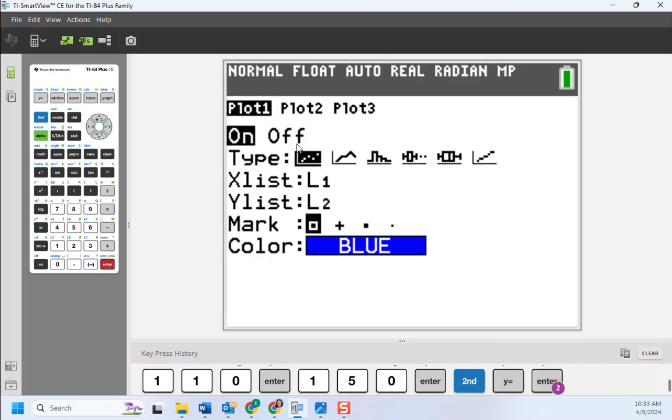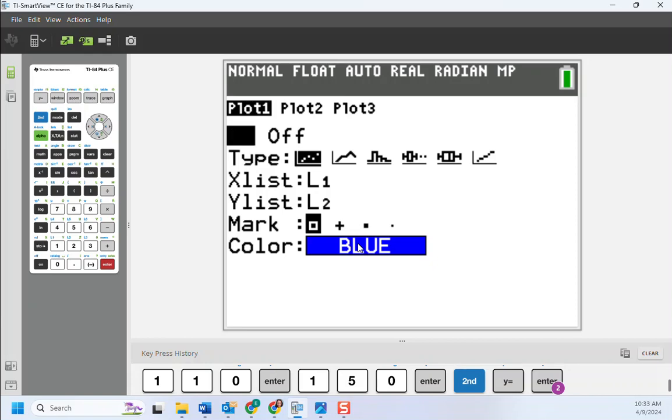And you want it to look like this screen. So after you pressed second, y equals, and then you press enter, you're going to turn this one to on. Make sure this one has scatter plot, list 1 and list 2. You want this mark right here. It's just the easiest one to see. I don't care what color you make it. We can't change the color on our calculators.